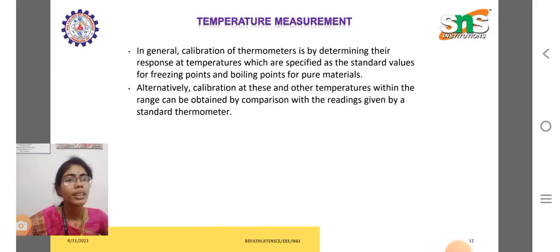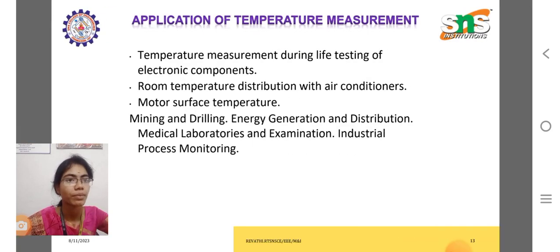In general, calibration of thermometers is by determining their response at temperatures which are specified as the standard values for freezing points and boiling points for pure materials. Alternatively, calibration at these and other temperatures within the range can be obtained by comparison with the readings given by a standard thermometer.